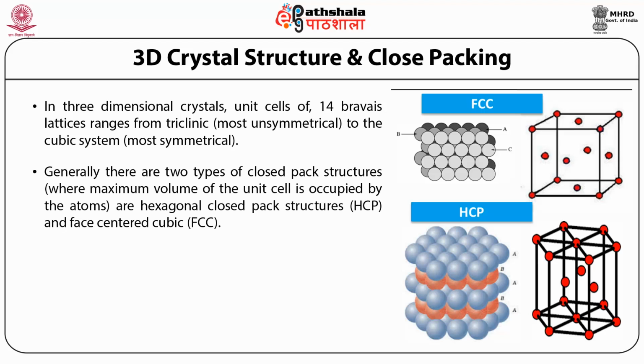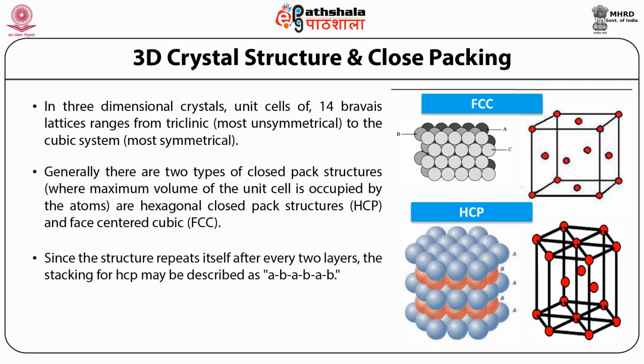Generally, there are 2 types of close-packed structure where the maximum volume of the unit cell is occupied by the atoms. They are the hexagonal close-packed structure, called HCP, and the face-centered cubic structure, called FCC. In the hexagonal close-packed structure, the third layer has the same arrangement of spheres as the first layer and covers all the tetrahedral holes.